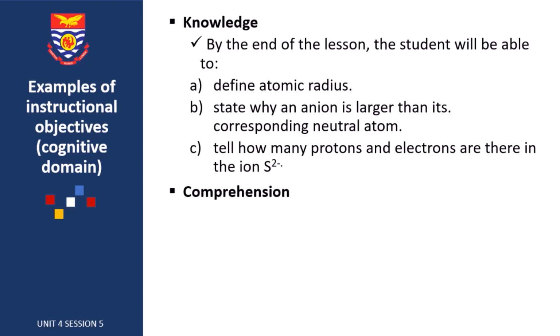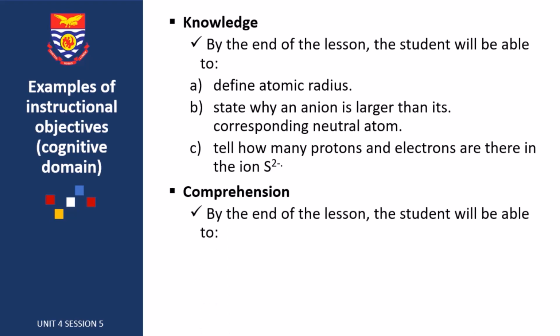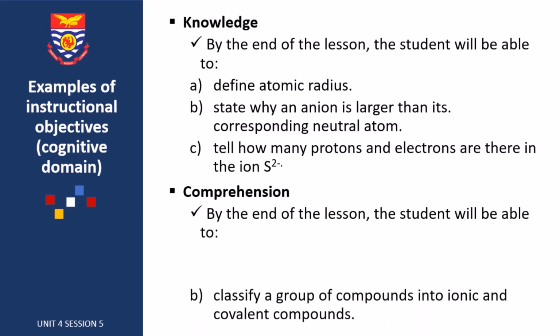The next example to consider is comprehension. By the end of the lesson, the students will be able to distinguish between an ionic and a covalent compound. Before students will be able to distinguish, then they have understood.